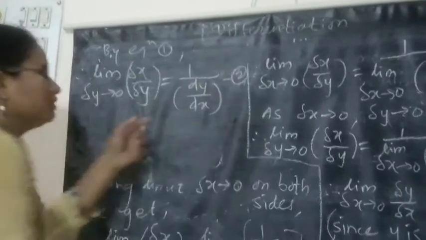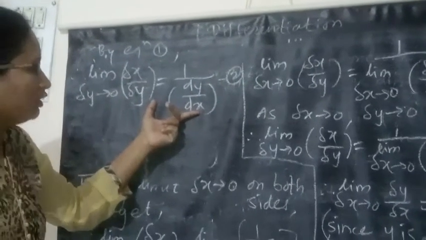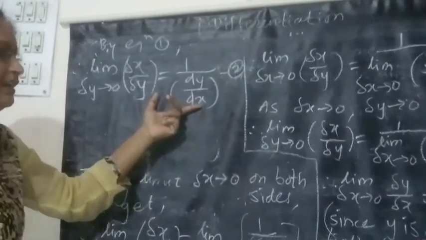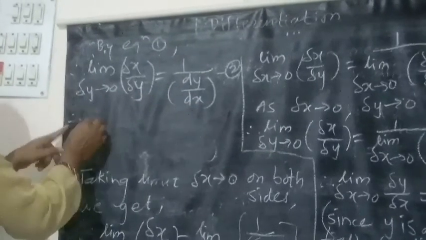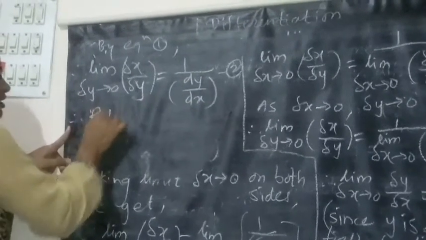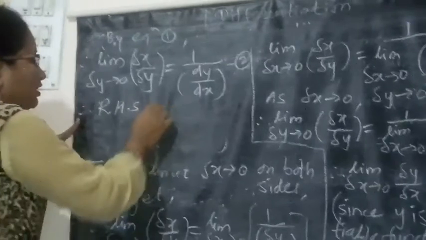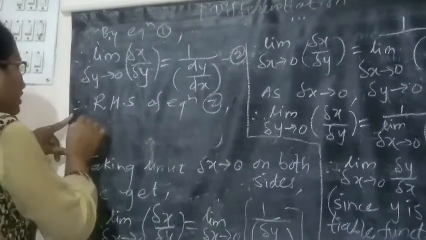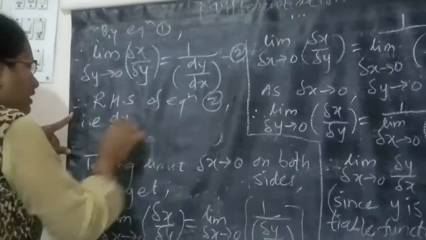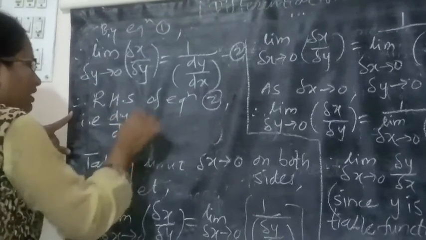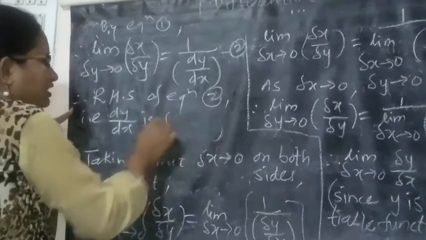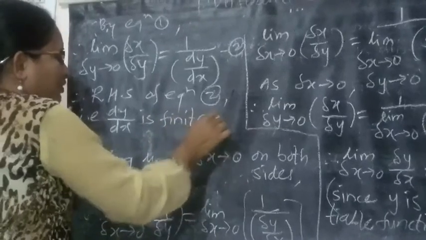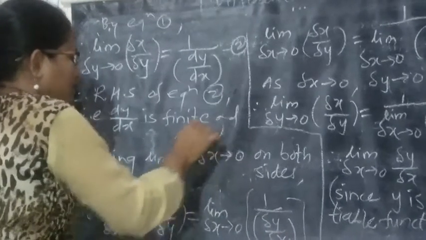Say equation number 2. See, the right hand side of this equation is finite and exists. RHS means right hand side of equation 2, that is dy by dx, is finite and exists.